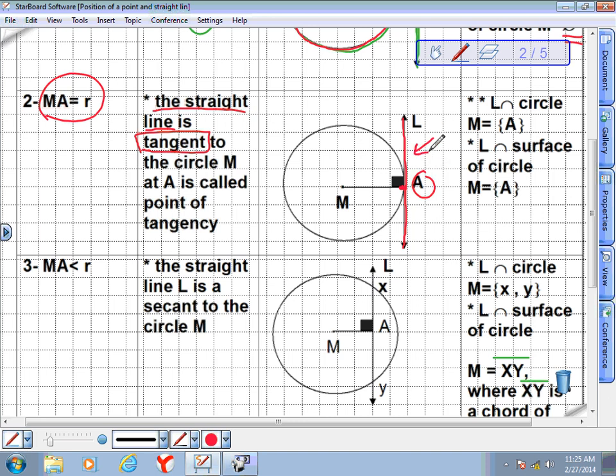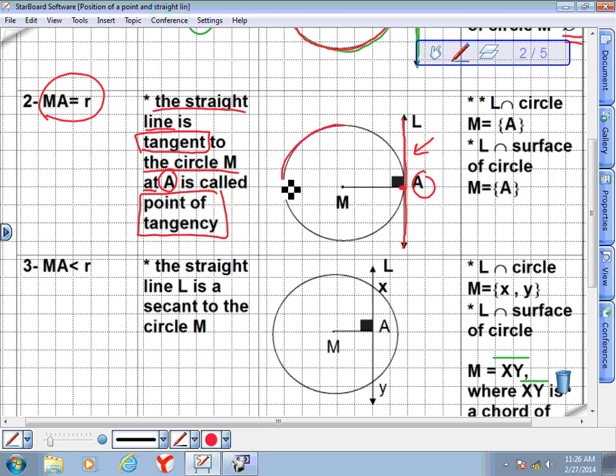The straight line is called a tangent if it touched the circle at one point. The straight line is a tangent to the circle M at the point A, and the point A is called point of tangency. Point of tangency, that means that the point A is the point which the line touches the circle M at it.